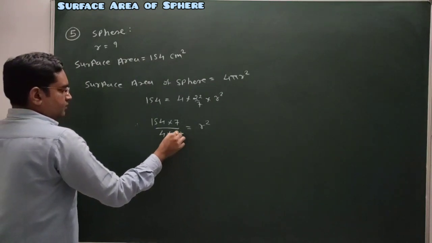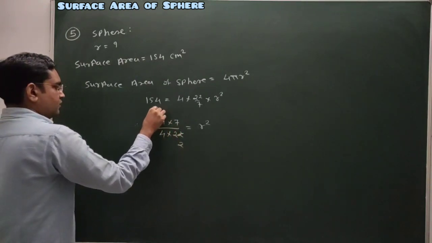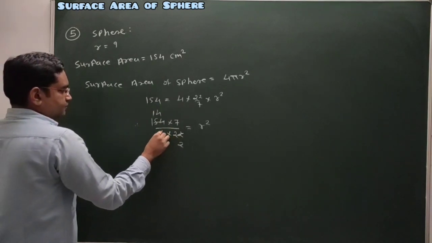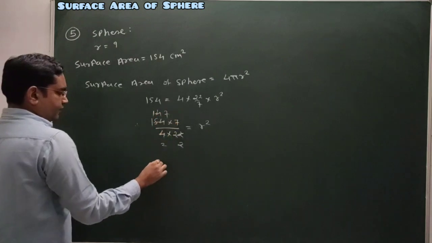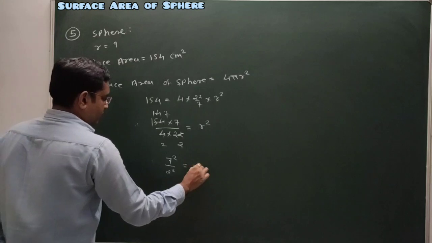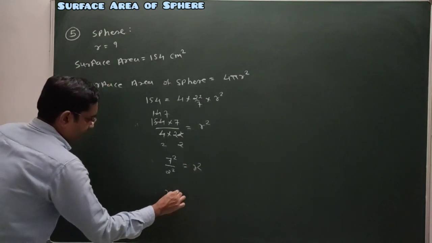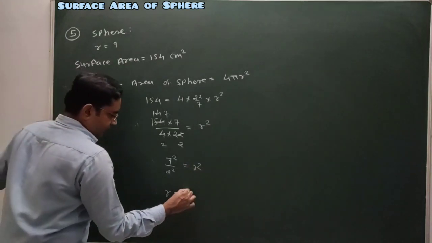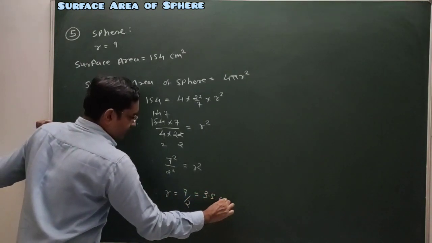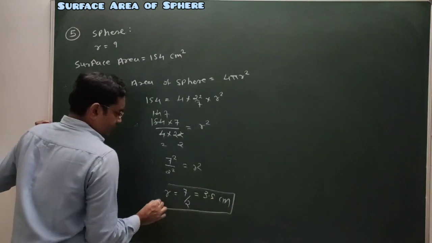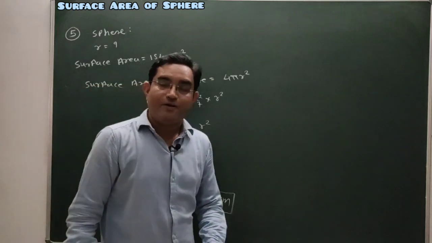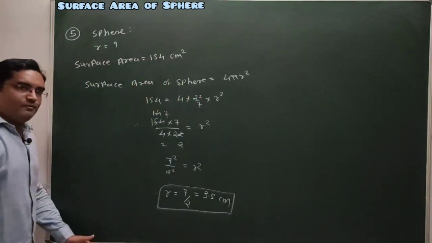Simplification: it's 7 square upon 2 square equals r square, and therefore taking the square root, it's 7 by 2. 7 by 2 is nothing but 3.5 centimeter. So the radius of this sphere is 3.5 centimeter. Clear students? Again pause the video and note it down.